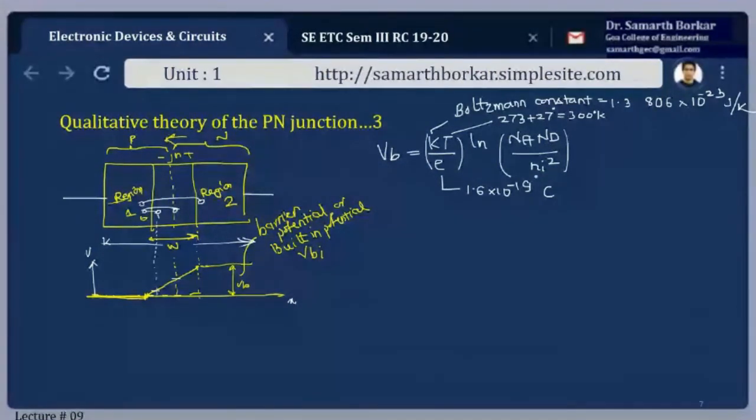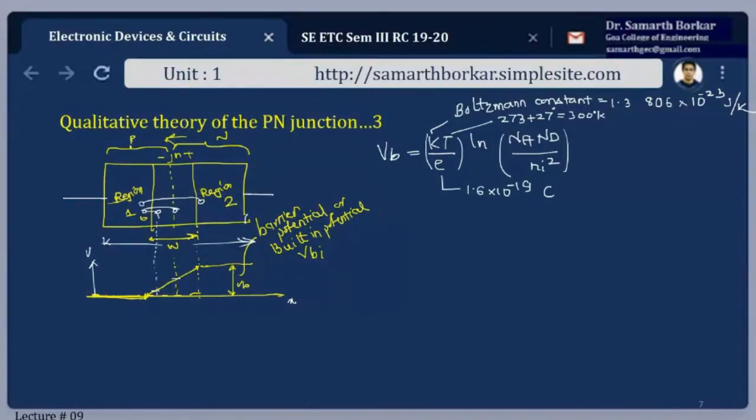Nowhere here is the applied voltage appearing. Nowhere here is e appearing. So it is independent of applied voltage. In this diagram, we have not applied any voltage across the terminals. In this expression, you don't see any external applied voltage term.